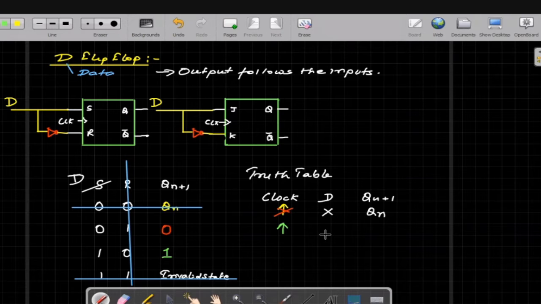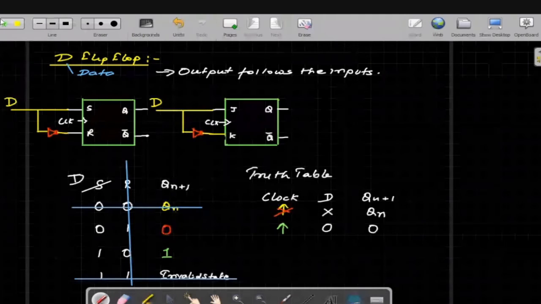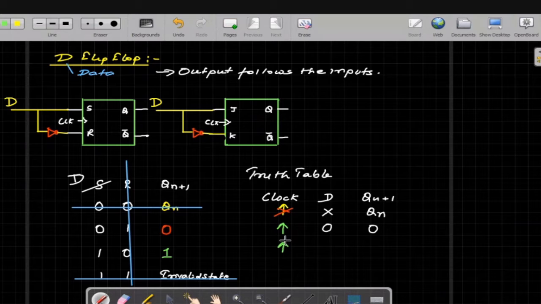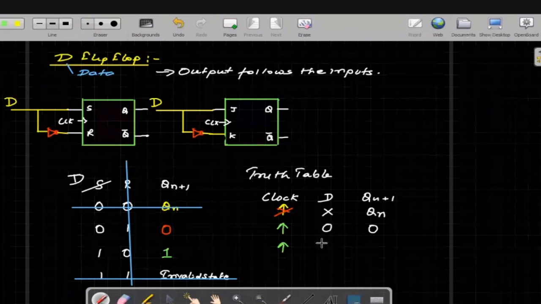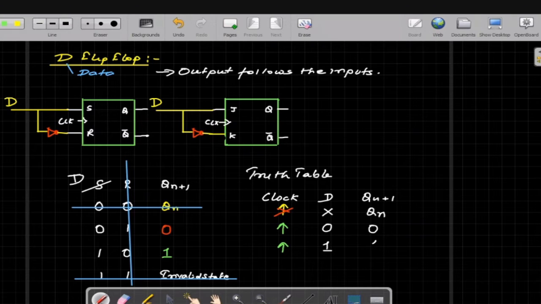When your clock is there, if you provide D equal to 0, then your output will become 0. And with the presence of clock, if you provide D as 1, then the present state will become 1. So this is the truth table or the function table for your D flip-flop.